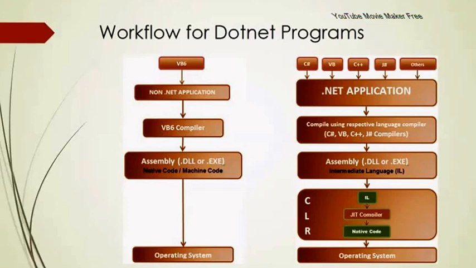Intermediate language is also called managed code. This is because CLR manages the code that runs inside it. For example, in a VB6 program, the developer is responsible for deallocating the memory consumed by an object. If a programmer forgets to deallocate this memory, we may run into hard to detect out of memory exceptions.